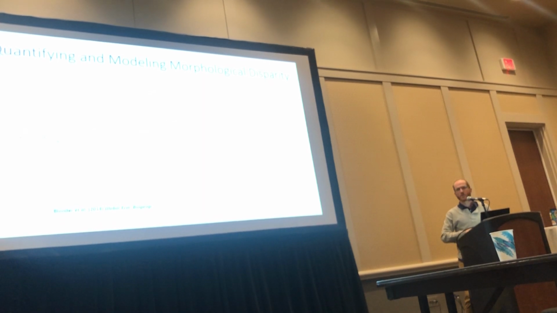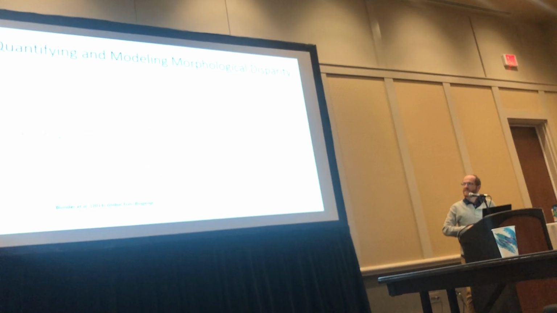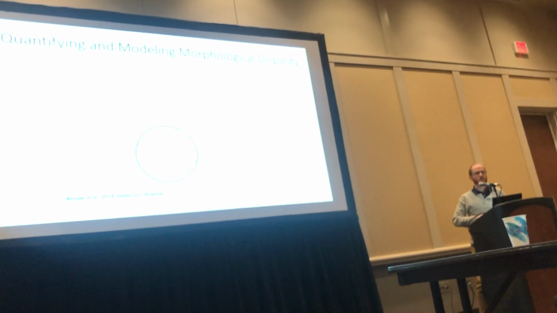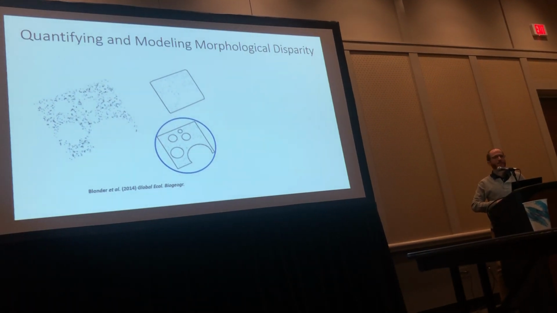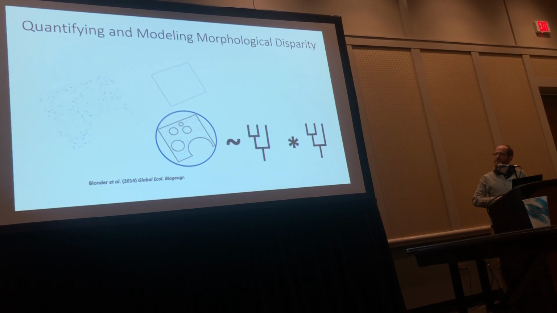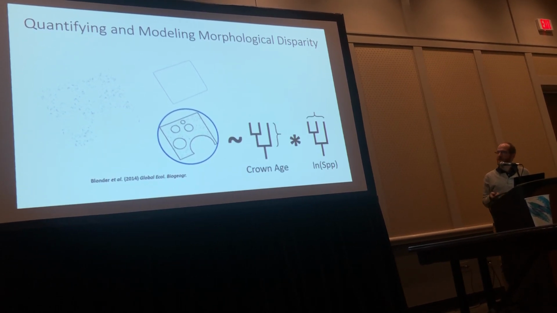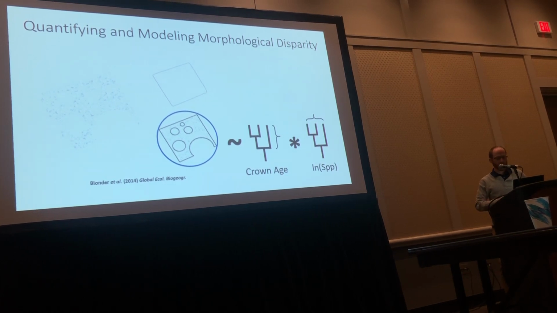I used a hypervolume approach, which can account for holes or concavity in the data, and did this in a four-dimensional phylomorphospace, so calculated a four-dimensional hypervolume, and then transformed it by taking the geometric mean of size and shape variance, used that as the response variable in a PGLS model in which we use crown age and species richness as the predictors.